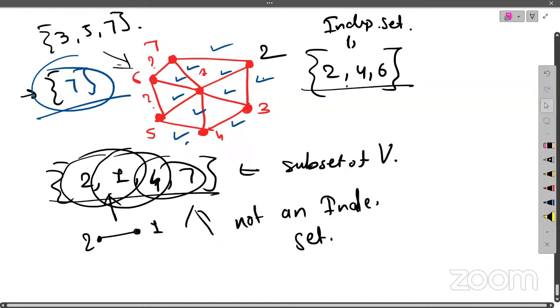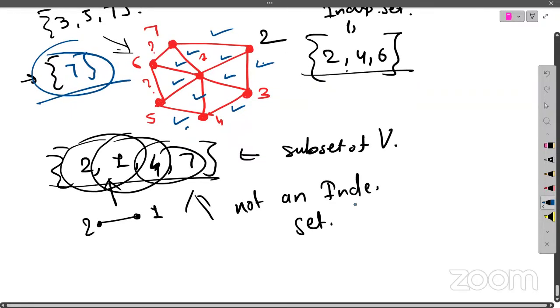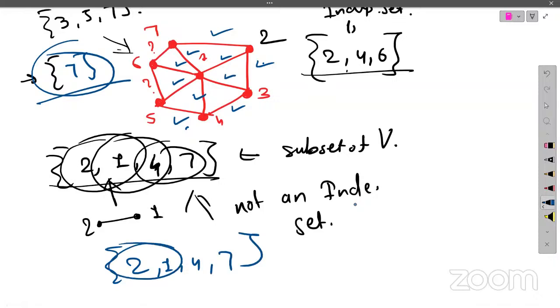Ma'am, can you repeat what an independent set means? See, any subset of vertices is an independent set if the vertices you are collecting are not connected by a single edge. For example, in this graph, if you consider the vertices 2, 1, 4, and 7, then 2 and 1 are connected by a single edge.